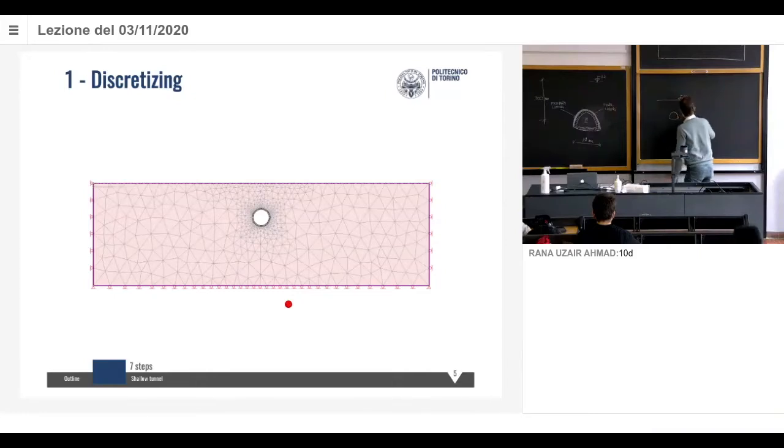We will consider that the state of stress increases with depth, and this is gamma times z. And when we have a deep tunnel, this is deep, so I'm not going to put the contours, we say that the state of stress is constant.